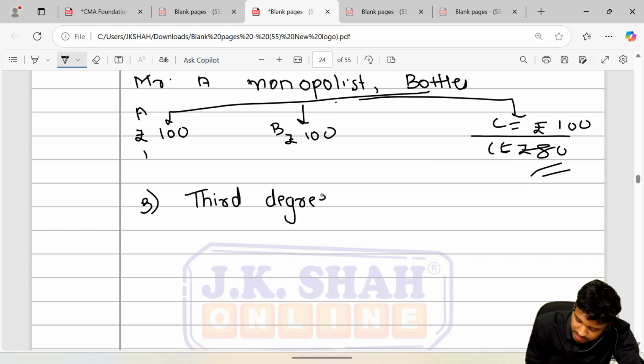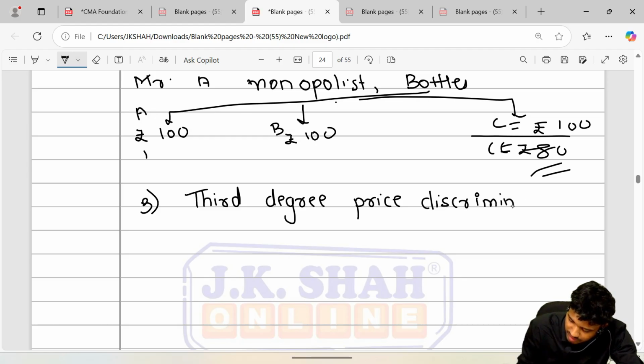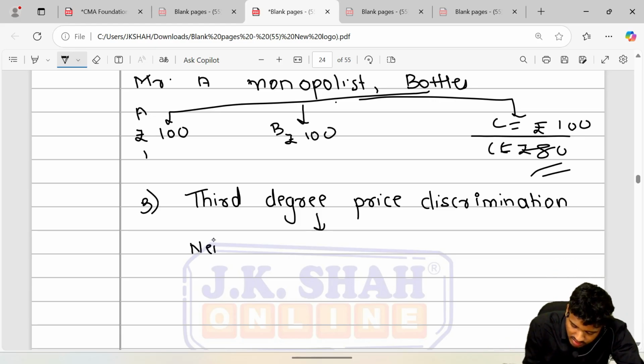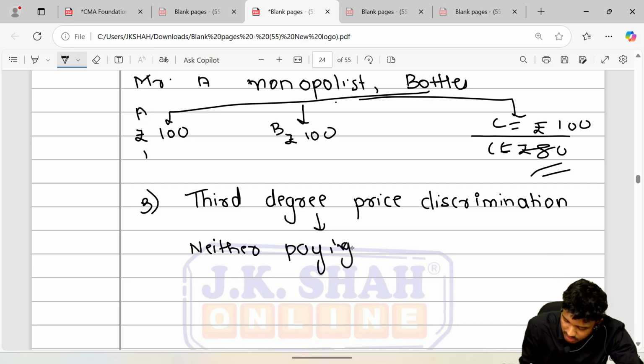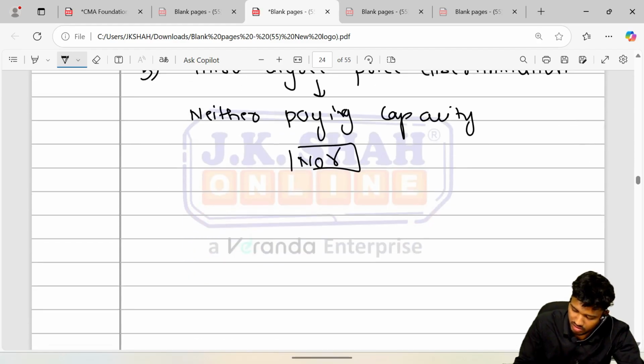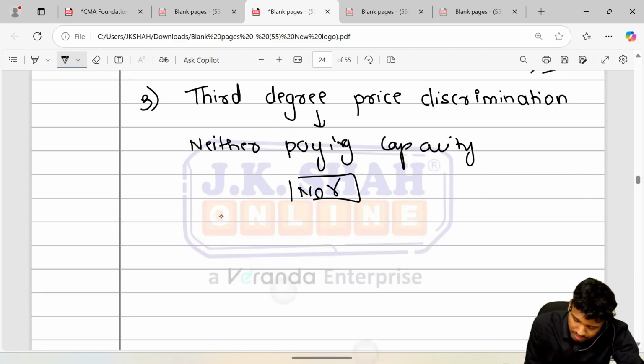Third degree price discrimination. What happens in this case? Neither paying capacity is observed nor block pricing is being done.